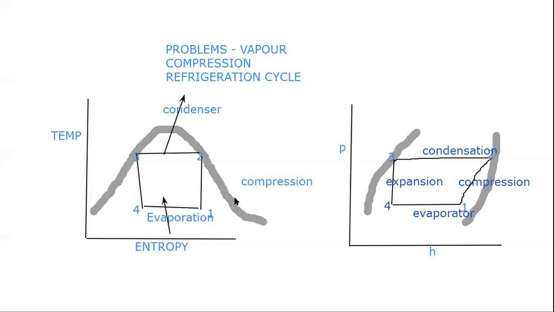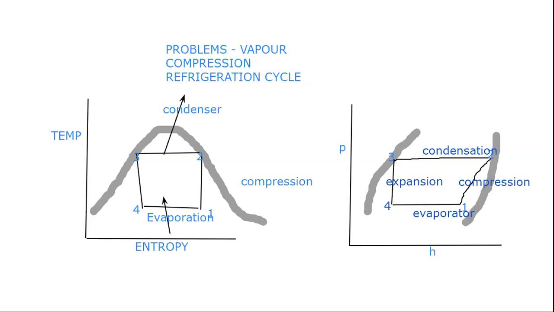It is telling that after compression, my steam is dry saturated steam. That means my point number 2 will be exactly on the dry saturated curve. That's why I have put point 2 on that dark line. In the TS diagram, when the compression happens from 1 to 2, at the end of the compression, point number 2 will be on the dry saturated curve. You agree?